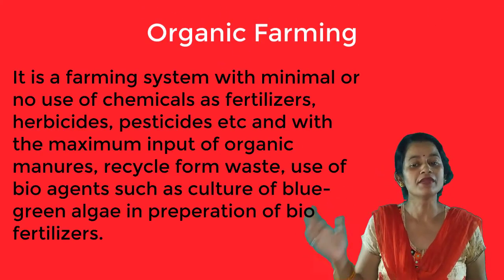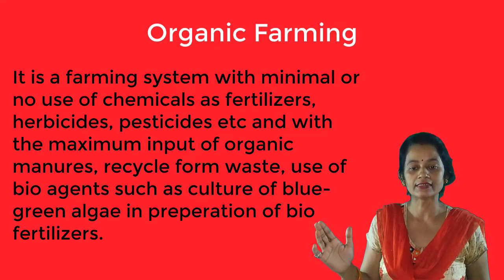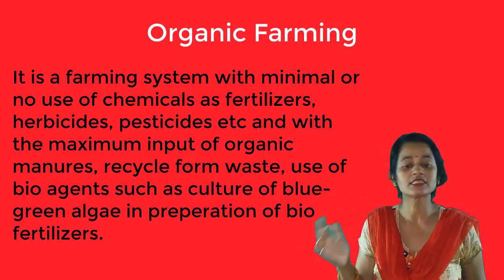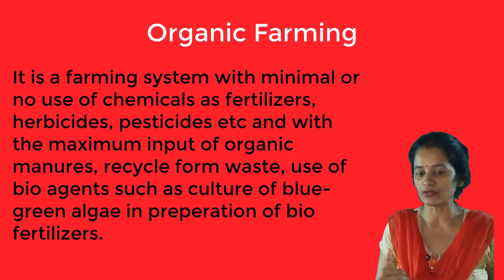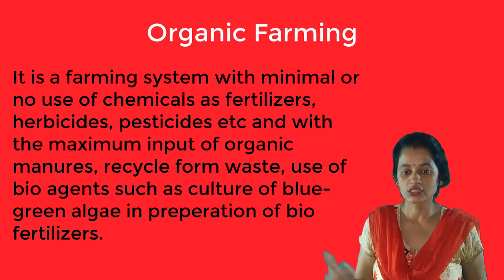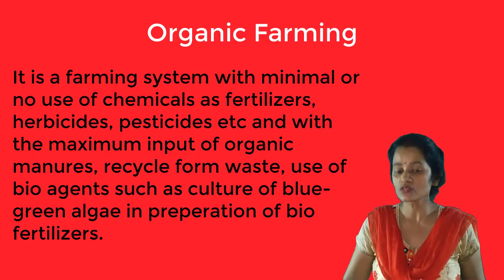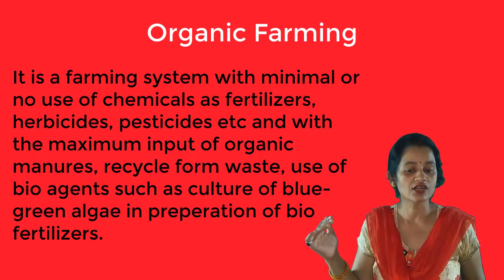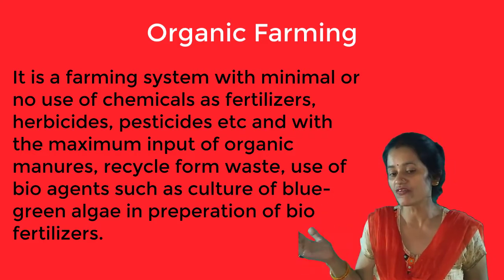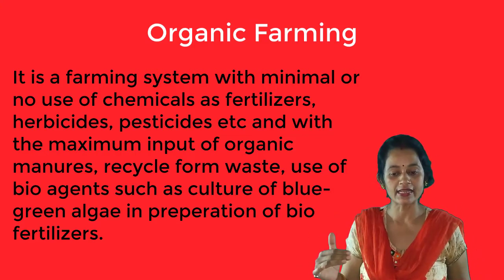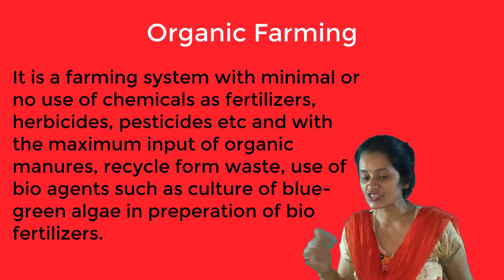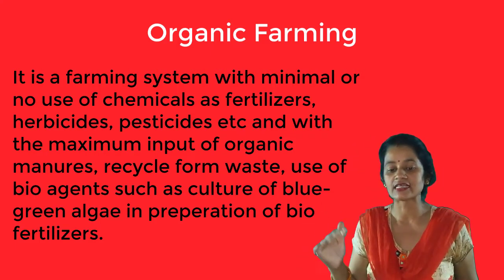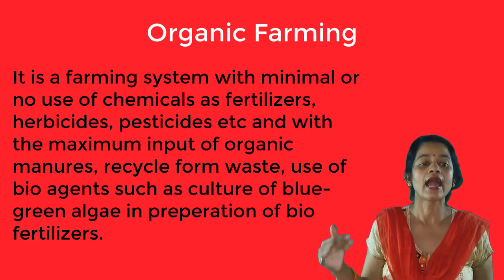Now, organic farming. It is a farming system with minimal or no use of chemicals as fertilizers, herbicides, pesticides, etc. and with a maximum input of organic manures, recycled farm wastes, straw and livestock excreta, use of bioagents such as culture of blue-green algae in preparation of biofertilizers, neem leaves or turmeric specifically in grain storage as biopesticides, with healthy cropping systems, that is mixed cropping, intercropping and crop rotation.